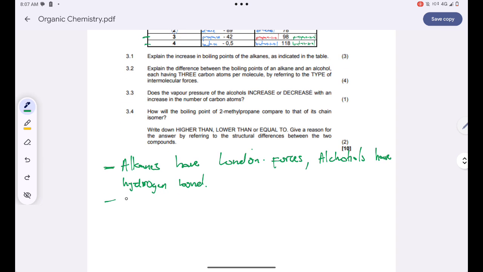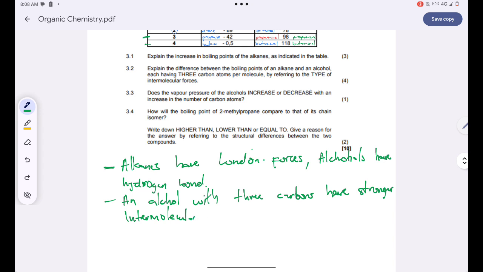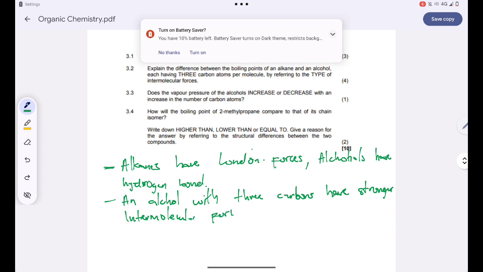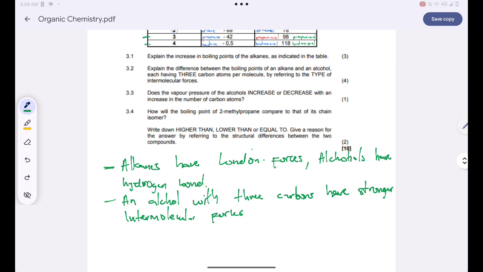So that's why an alcohol with 3 carbons has stronger intermolecular forces.